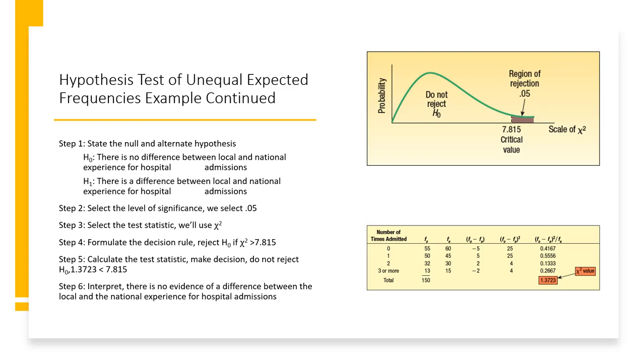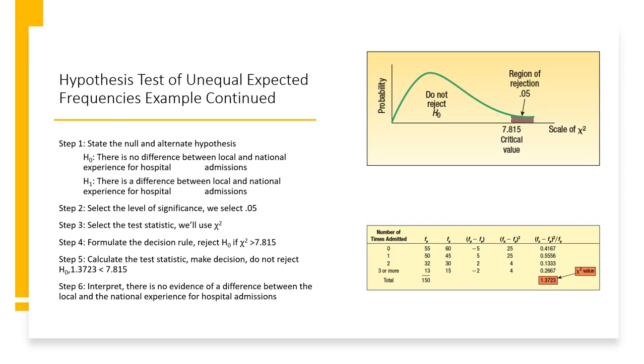So you're going to use the chi-square distribution table and the 0.05 significance level to find the critical value for the decision rule. The number of degrees of freedom here is 3, which was found by k minus 1. So k is going to equal 4. The critical value is 7.815.